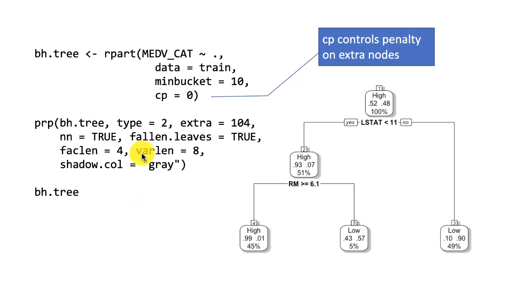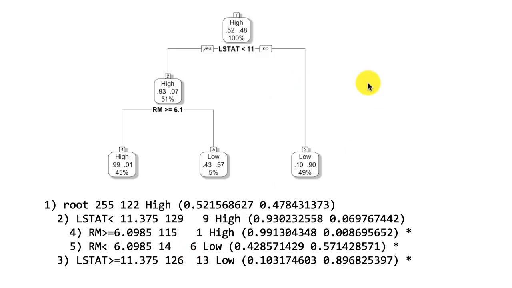So calling the prp function generated the tree printout like this, the graphical representation of the tree. This command bh.tree, just basically the name of the variable that contains the tree, will produce the textual output. Okay, the graphical output and the textual output contain pretty much the same information. And in this slide, I have put them both together so that we can look at them.